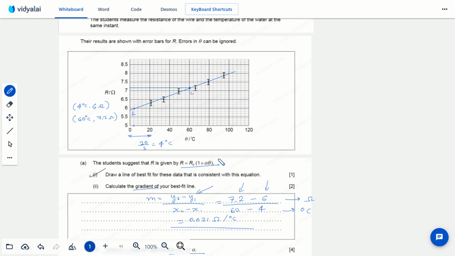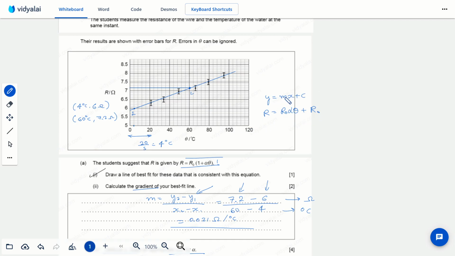So let's compare this equation with the general equation of a straight line. That's y equals mx plus c, and I'm going to write down this equation as well. Let's multiply R naught inside of these parentheses. So we get R naught, and I'm switching the terms inside of the parentheses, so R naught alpha theta plus R naught.